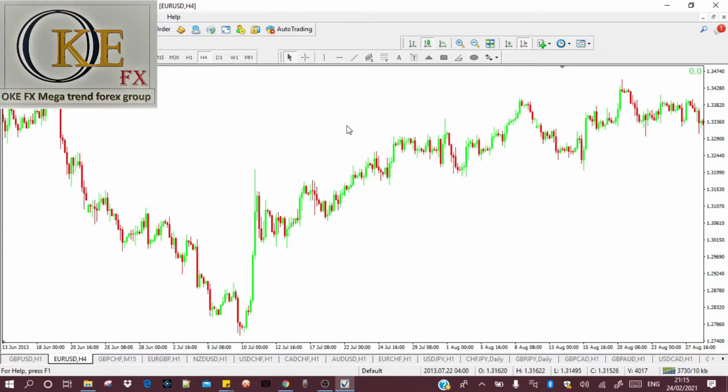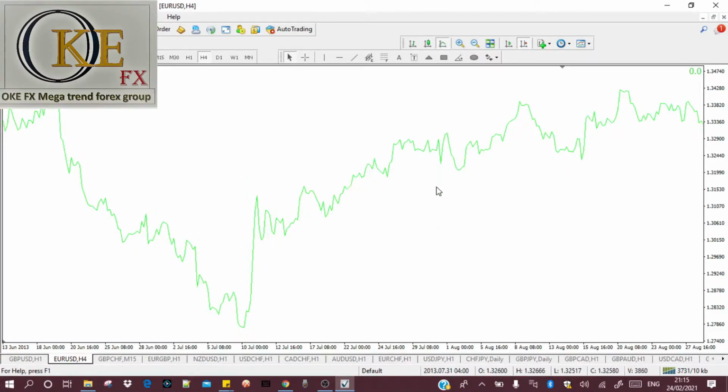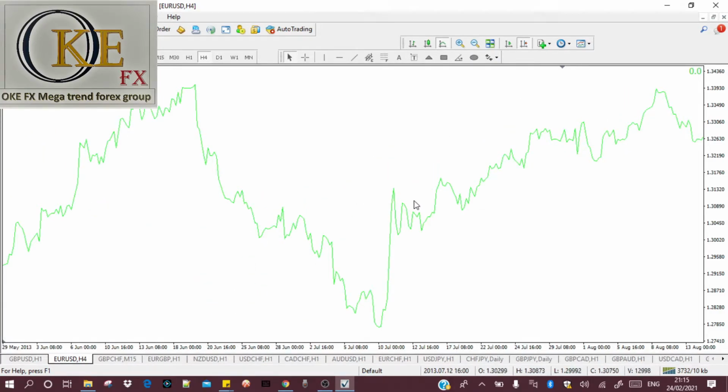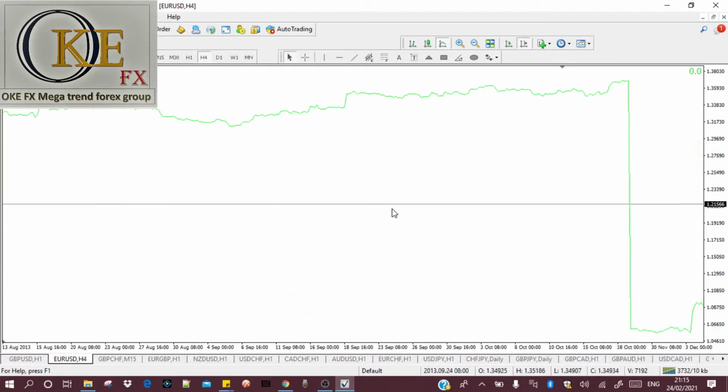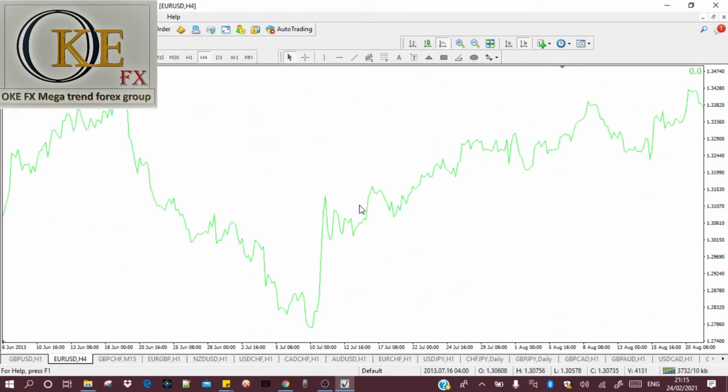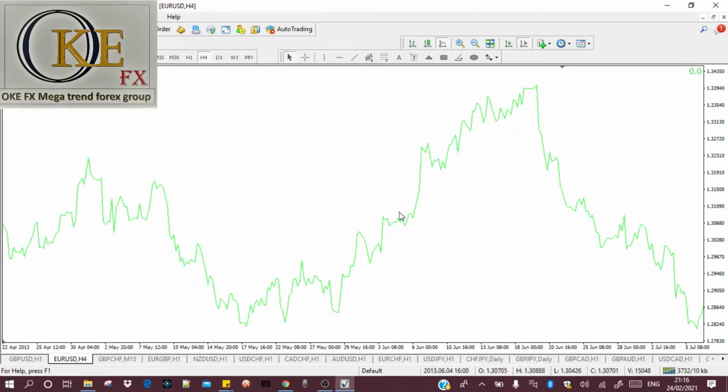Now the best thing you can do is to switch from the candlestick chart view, that's a type of chart, and switch back to the line chart. Once you are in the line chart, you can see that everything that is happening here is what price has done.